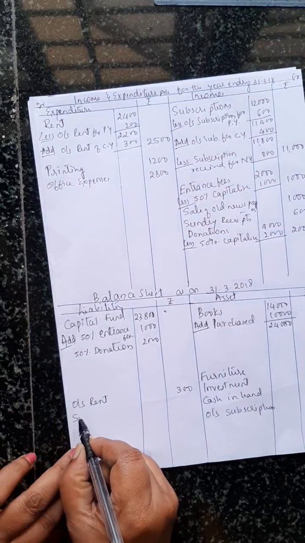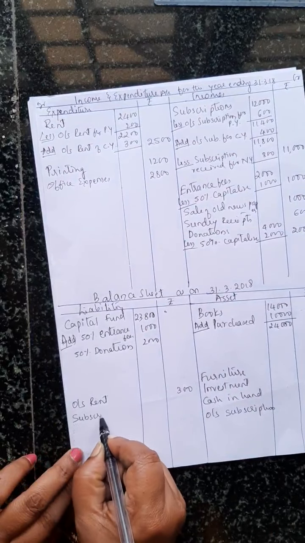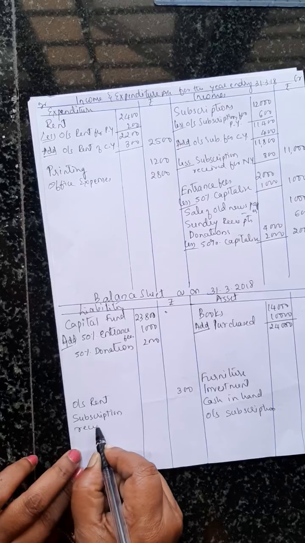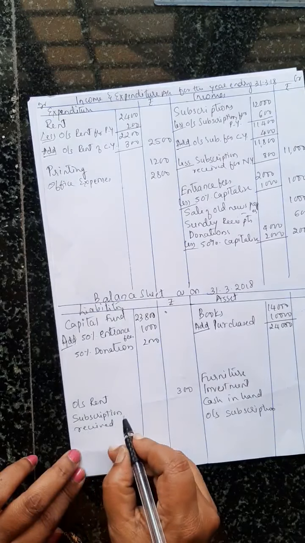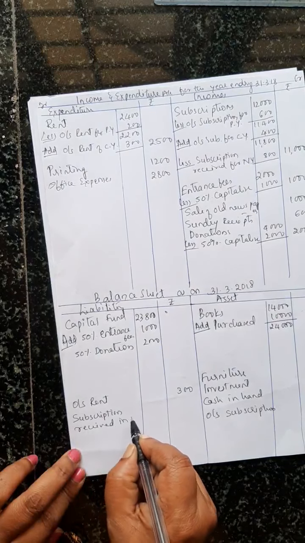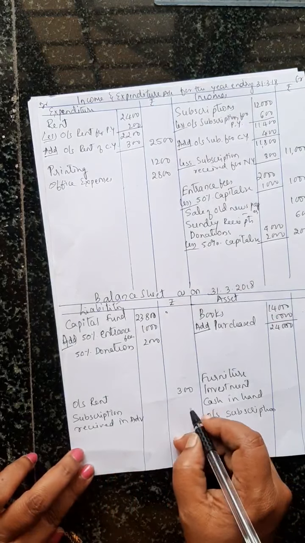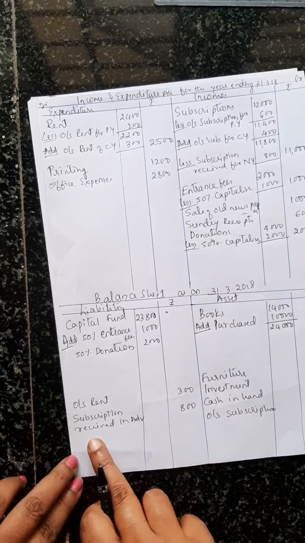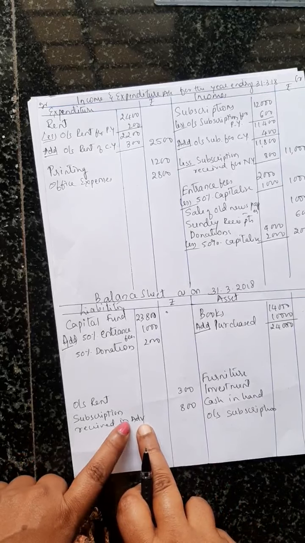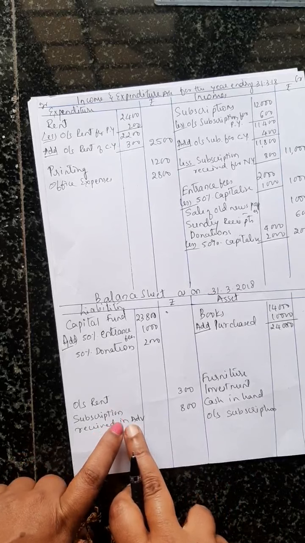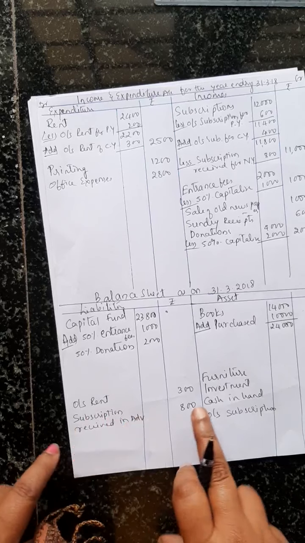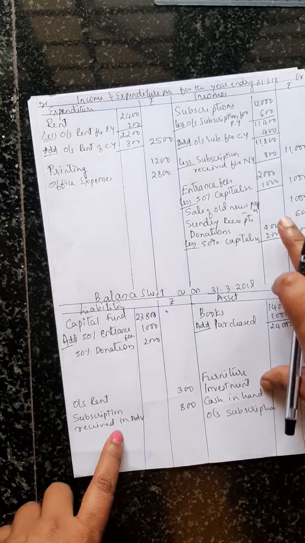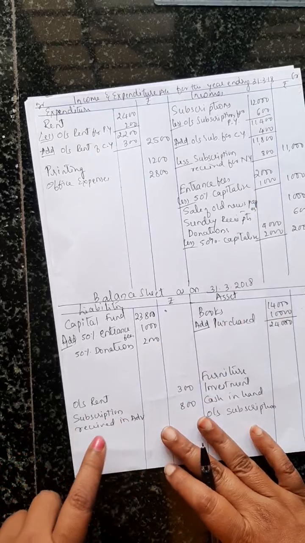So write subscription received in advance 800, or you can write subscription received for 2018-19 or next year, NY, both are okay. So these two adjustments, both sides we have shown, right?